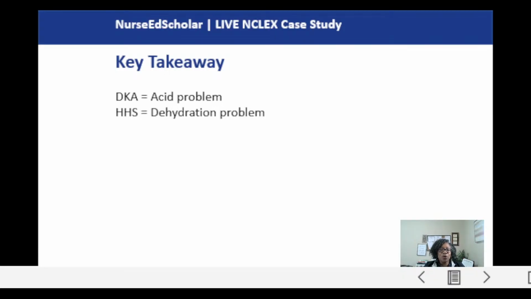So remember that with HHS, the person needs fluids. With DKA, the patient's going to need fluids too, but they're also going to need some insulin. And if you remember those things, it really should help you from time to time when you're trying to figure out what do I do with my patient?